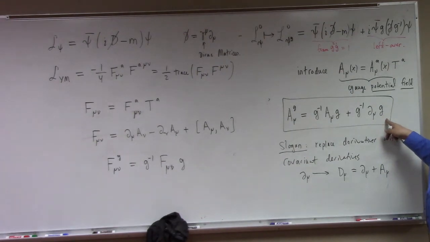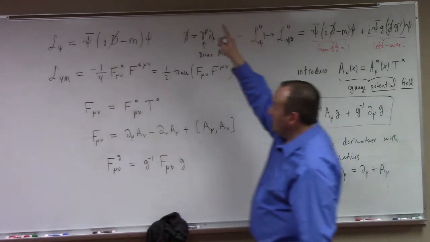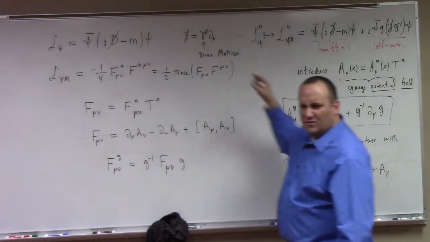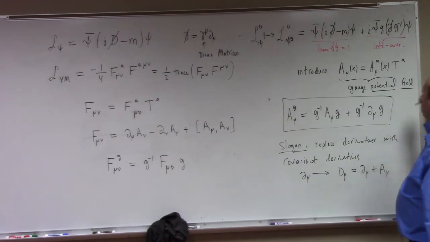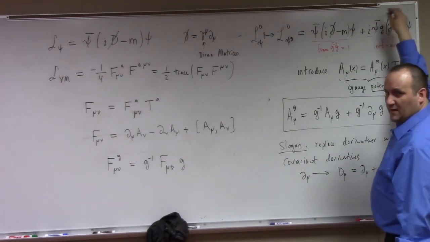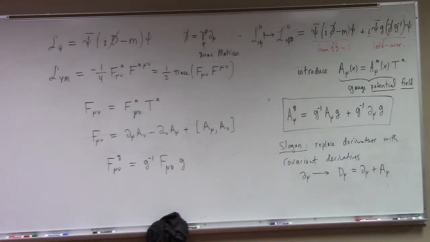It is constructed in just such a way that when you do a gauge transformation, like I've outlined here, this new introduction of A somehow makes this piece go away. It's not entirely obvious why that should happen, but you can calculate it, and it works out.